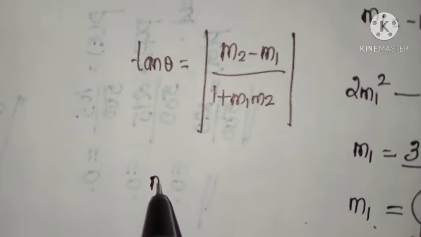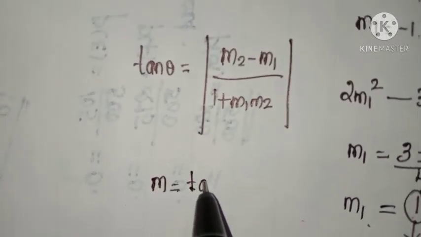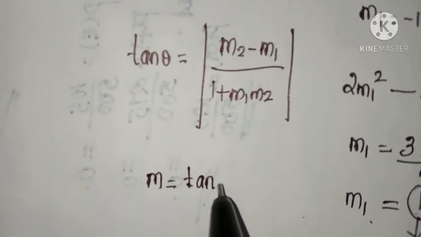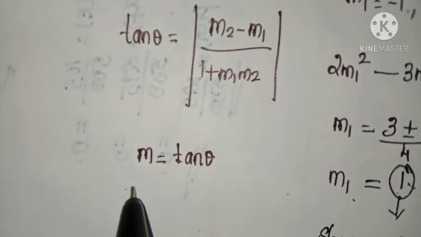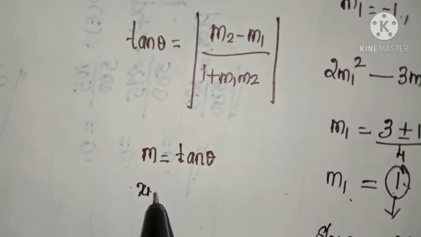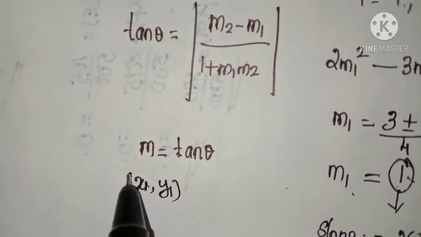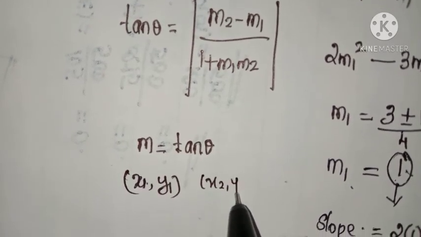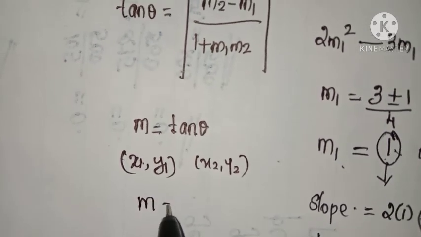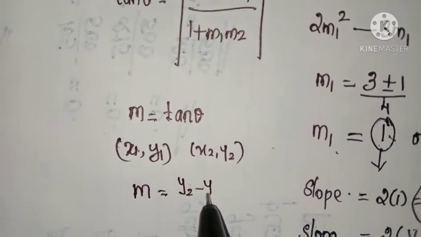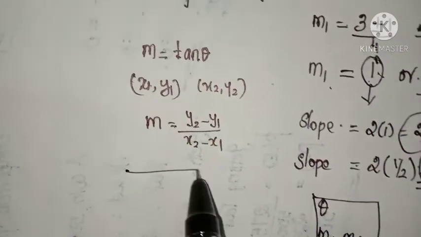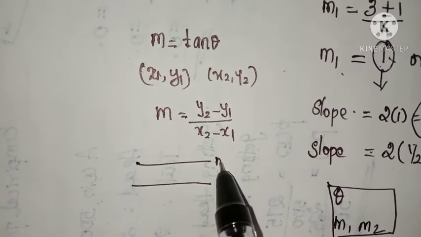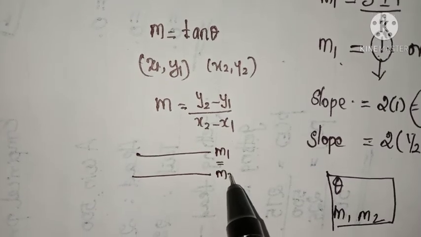Okay. So today we discussed what is the slope of a line. Slope of a line is the tangent of the angle, that is tan theta, and for a line passing through points x1, y1 and x2, y2, we can define slope as y2 minus y1 divided by x2 minus x1. Then two lines are parallel means their slopes are equal.